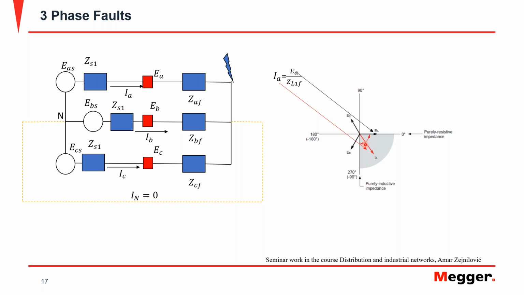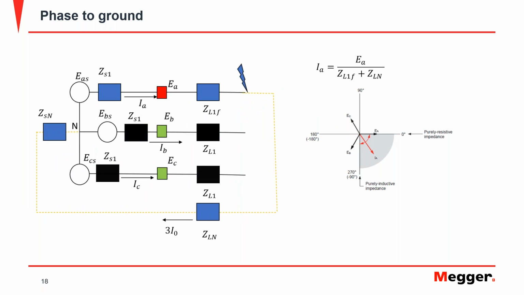What happens when we have a fault to ground? Well, when we have a fault to ground, we have a similar condition. In this case, we simply see that instead of just the impedance of the line, we have to consider the impedance of the neutral.